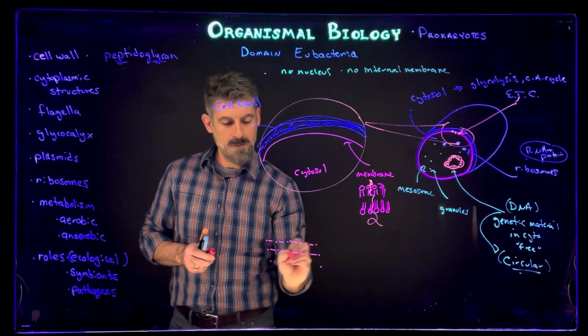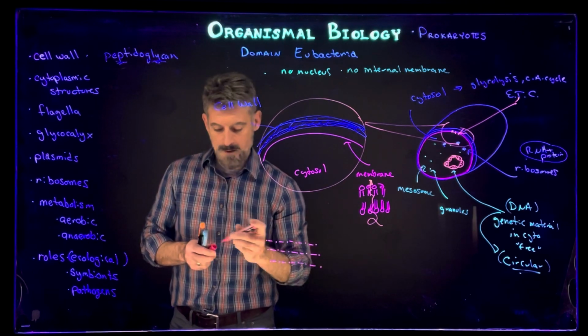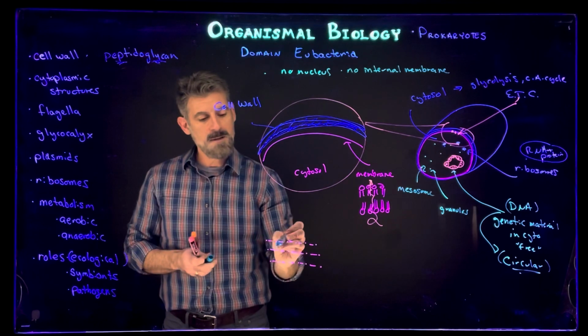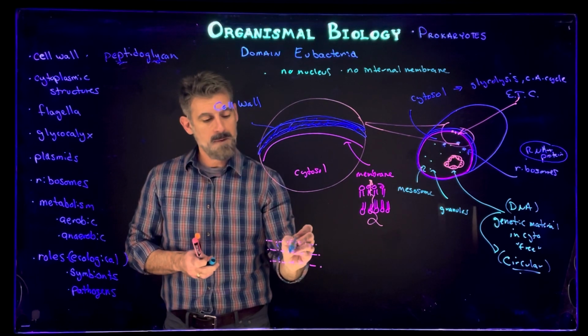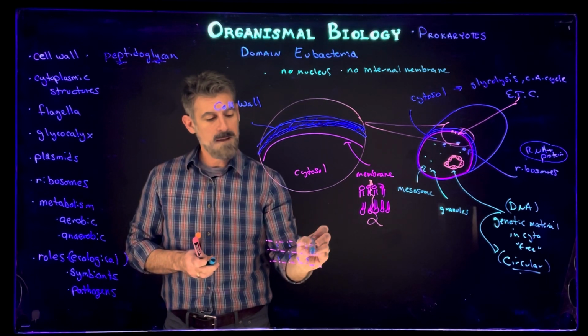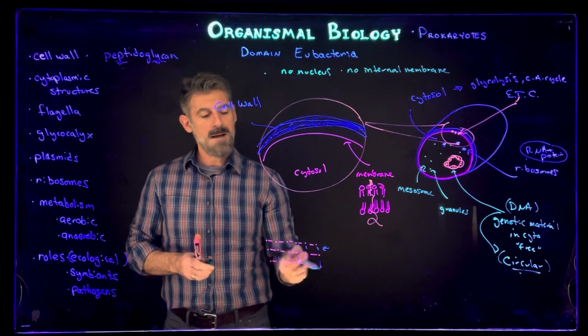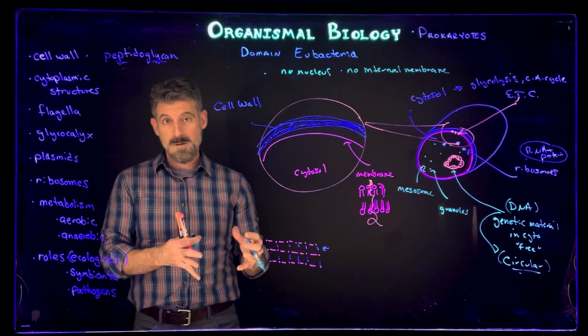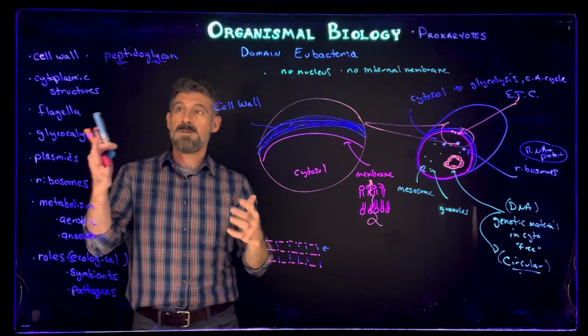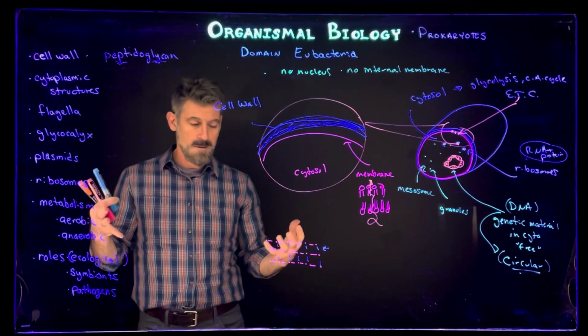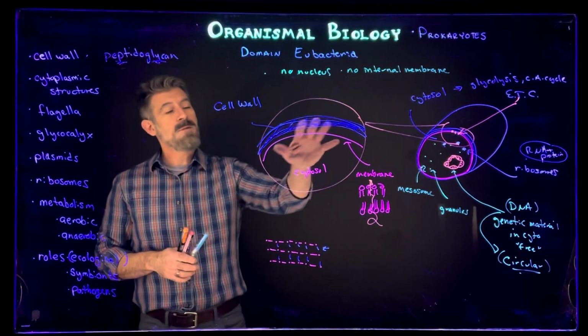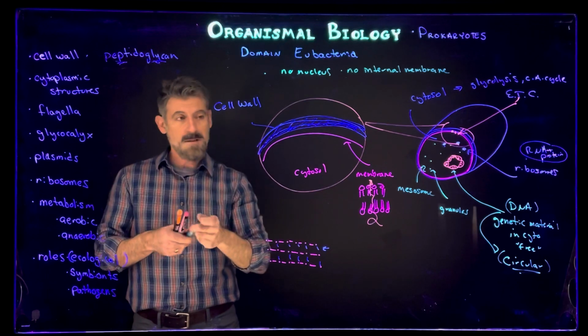So a chain of sugars, a chain of sugars, a chain of sugars, and then every so often there are little bridges where peptides link them together, and it starts to form this mesh-like structure that is the peptidoglycan structure.